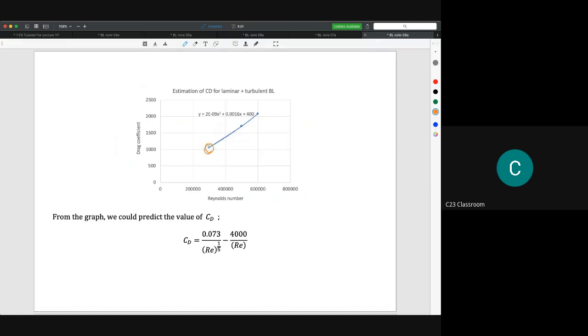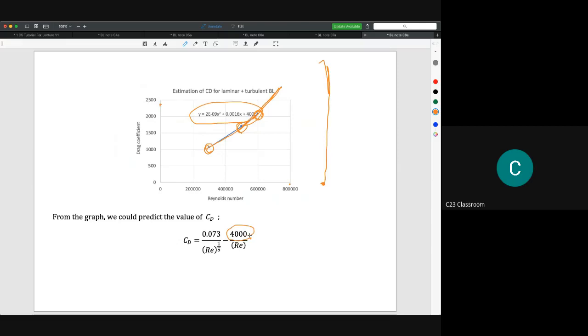We have this point, and this point, and then you can use Excel to get the equation there to project where the value comes when the Reynolds number is equal to 10 to the power of 6. I use this equation, I substitute that, and I find that the value here is actually around 4,000.